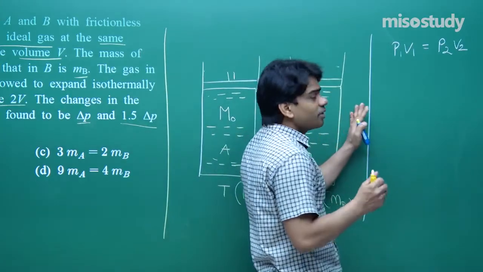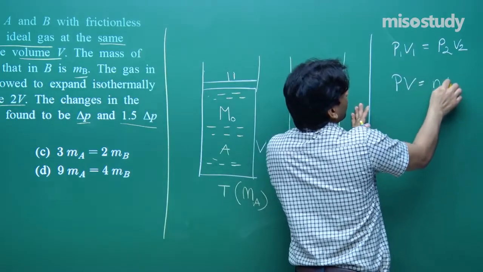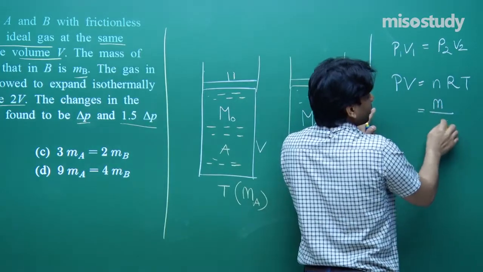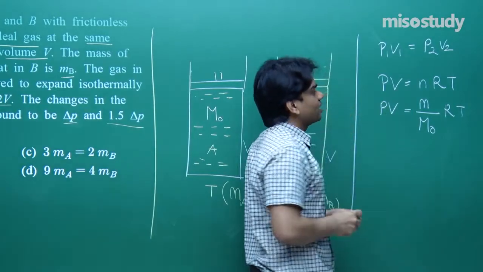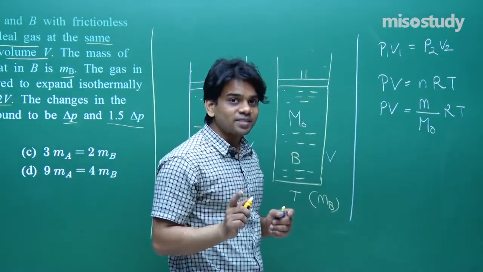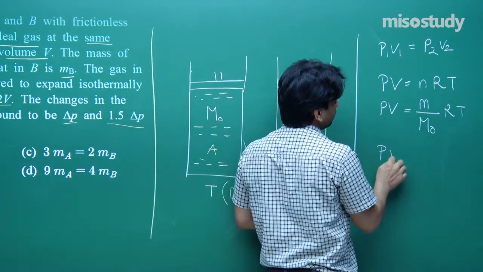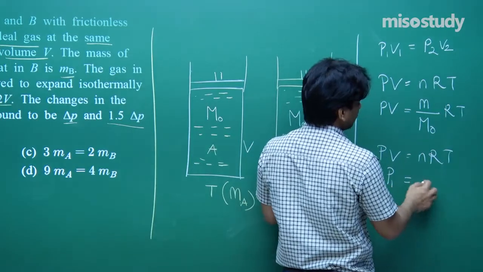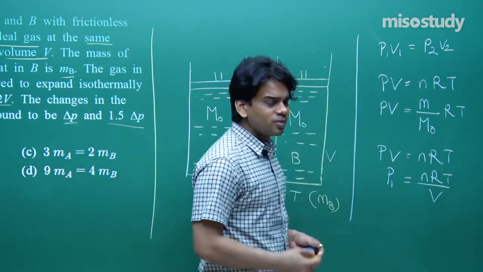Now, try to understand, we have to relate the mass of gas. We all know that pressure into volume is equal to nRT, first thing. n can be written as mass of gas divided by the molecular mass, so PV equals mass by molecular mass into RT. Now, if I talk about initial pressure, from PV equals nRT, initial pressure P1 will be equal to nRT by V. Clear? n will be same in both the cases.